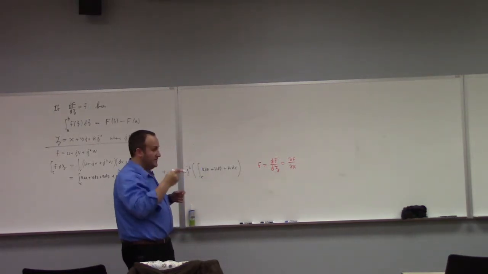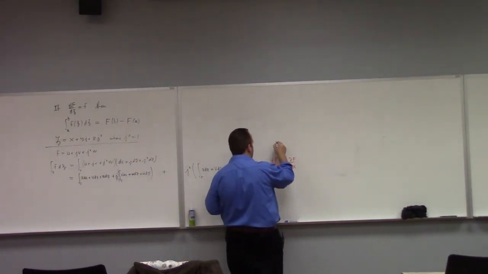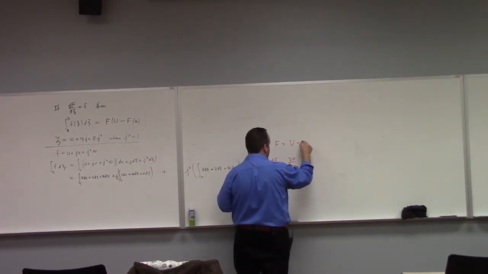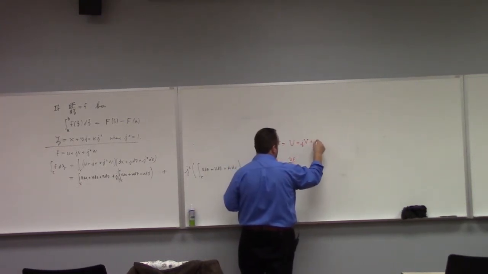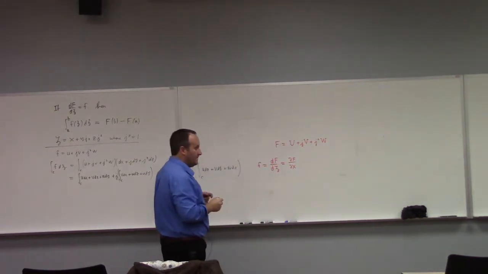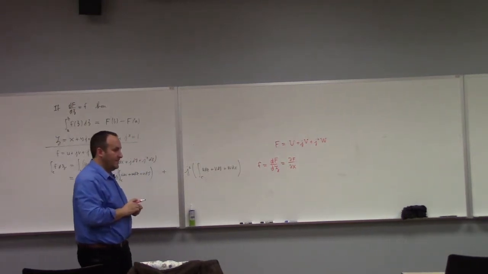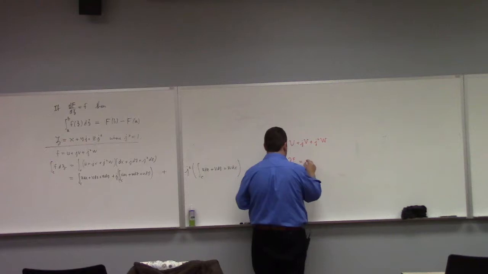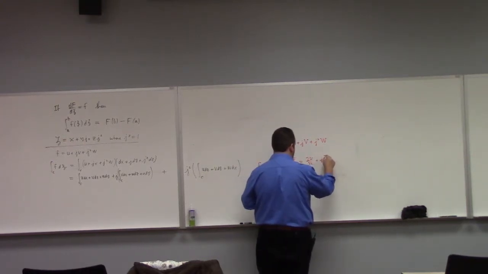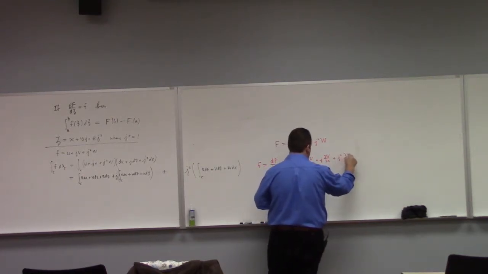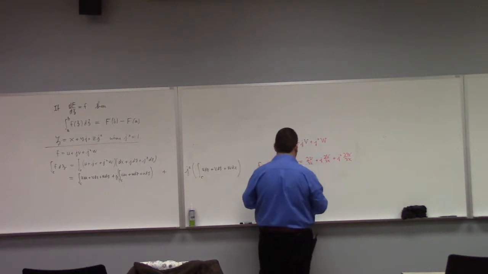Okay? And so if I let F, for lack of imagination, be big U plus j times big V plus j squared times big W, then this is partial U partial x plus j times partial V partial x plus j squared times partial W partial x.